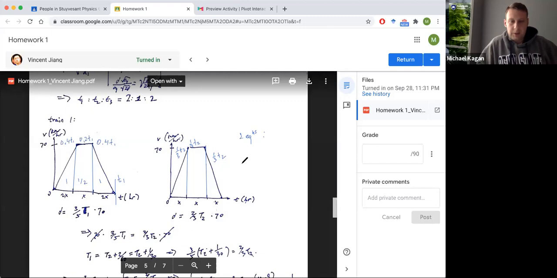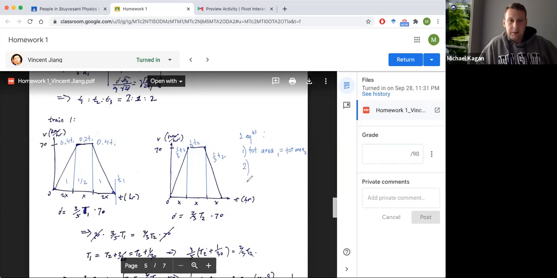One equation is the equality of the areas because they cover the same trip. So total area here must be equal to total area here. I'm not going to write it explicitly. Every one of you can do it, right? So total area 1 equals total area 2. That's the first equation.